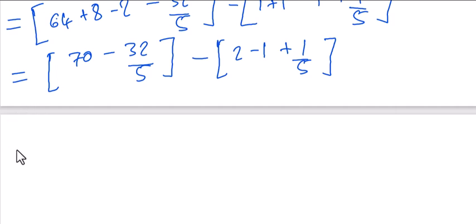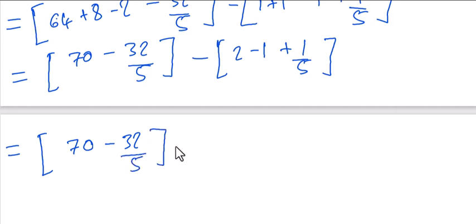So this is going to be equal to 70 minus 52 over 5, minus, on this side, 1 minus 1 plus 1 over 5. Sorry for that, my pen seems to be a bit shaky.